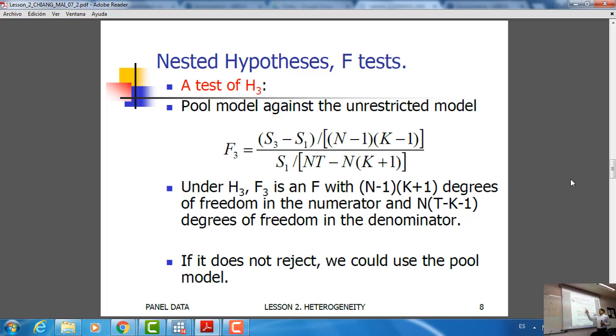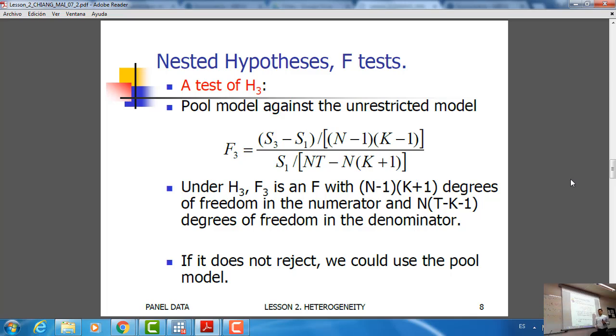So this S3 minus S1 is going to be the difference in sum square residuals of two models. Should the first model be more restricted or more general? More restricted, because the difference has to be positive.